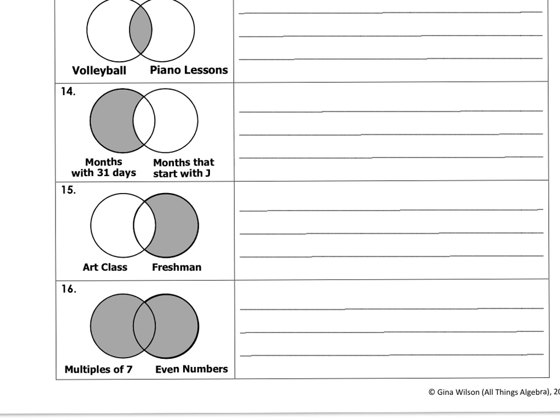So number 14 is the months with 31 days and do not start with J. Number 15, the shaded part is freshmen, but not in an art class.